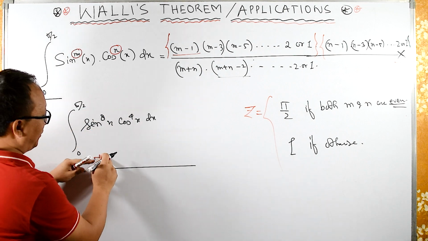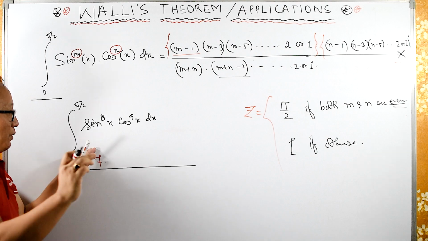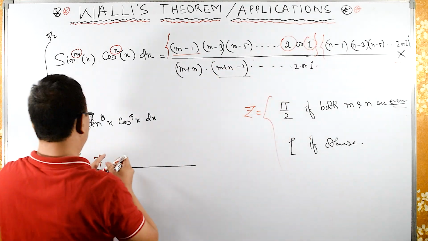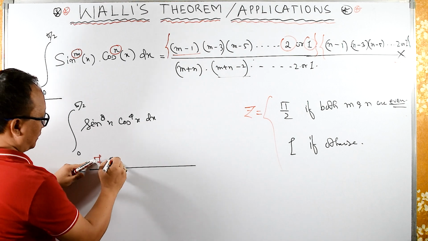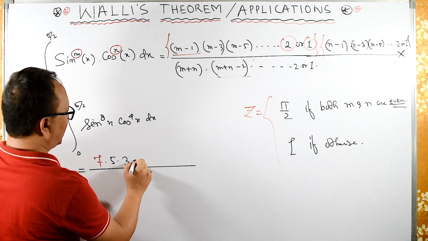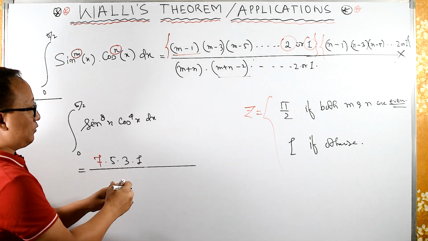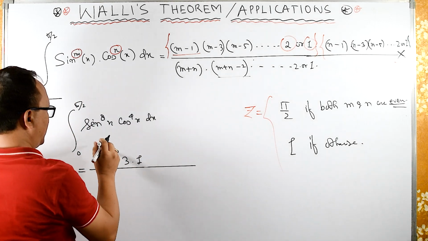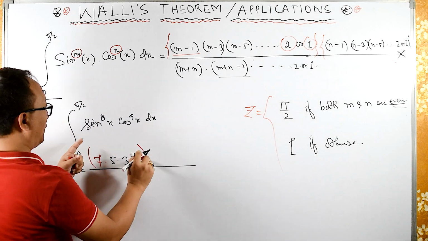From this 7 keep on decreasing successively 2 till you get either 2 or 1. So 7 minus 2 is 5, 5 minus 2 is 3, 3 minus 2 is 1. I have to stop here because I have 2 or 1. This is the contribution for sine 8x.